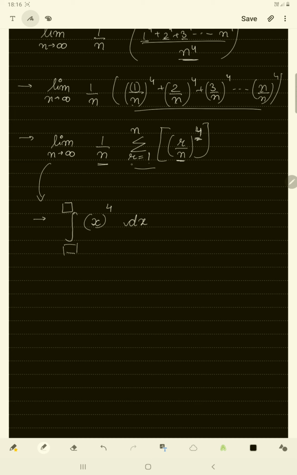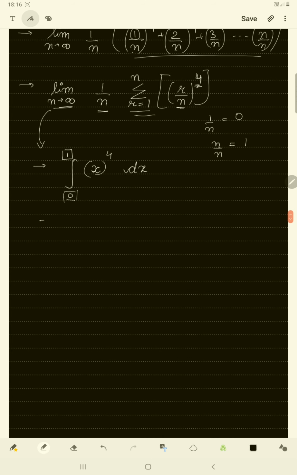Now put r equals 1 in the function, so we have 1 by n, and 1 by n would be 0 because n tends to infinity, so 0 over here. And when r equals n, putting the values we get 1, so we have 1 over here.